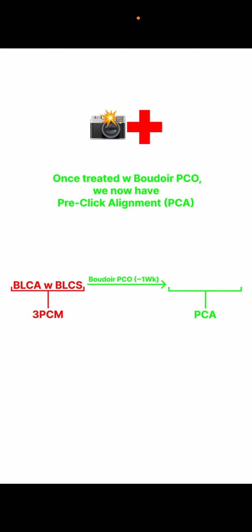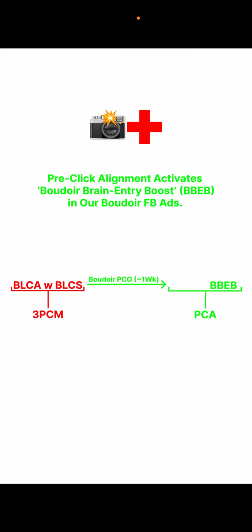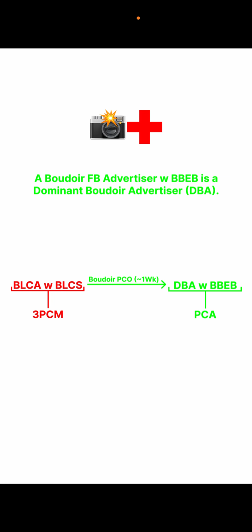Our unique CTRL will then be above 6%, and when we achieve that, it activates Boudoir Brain Entry Boost in our Boudoir Facebook ads. A Boudoir Facebook advertiser whose ads have Boudoir Brain Entry Boost is a dominant Boudoir advertiser.